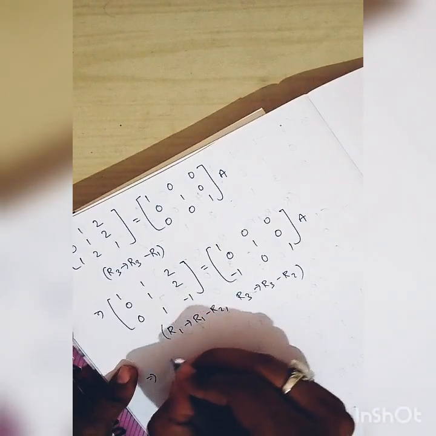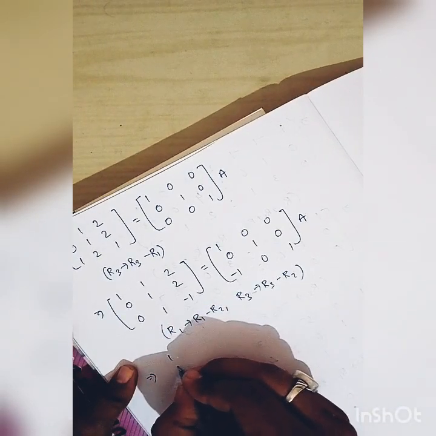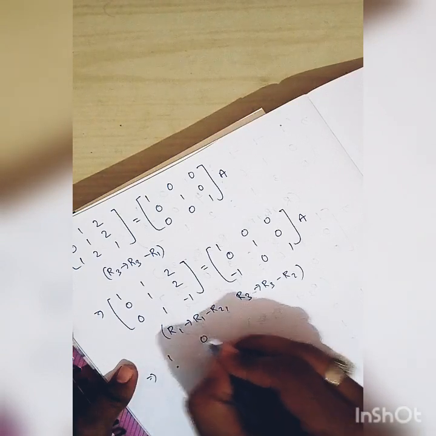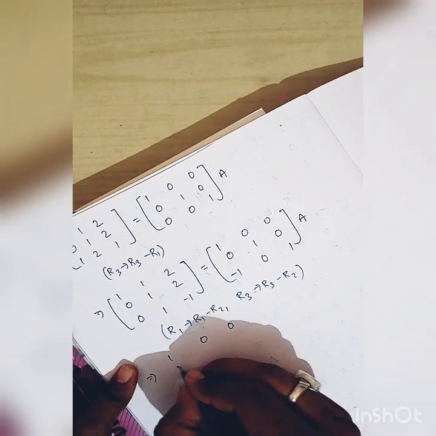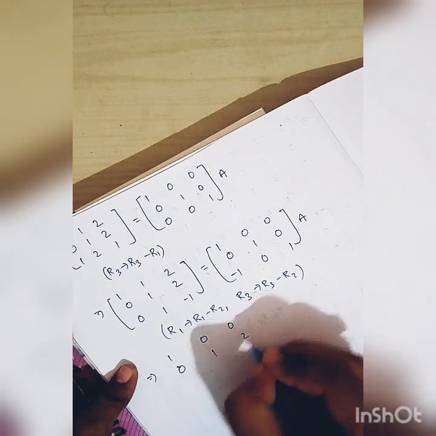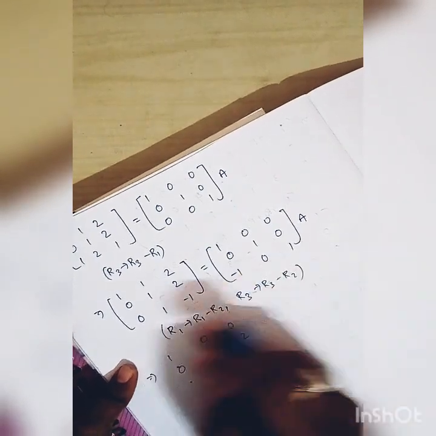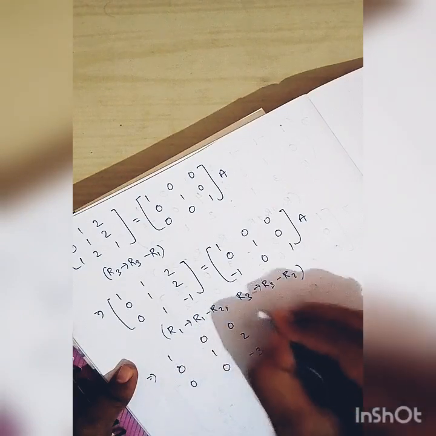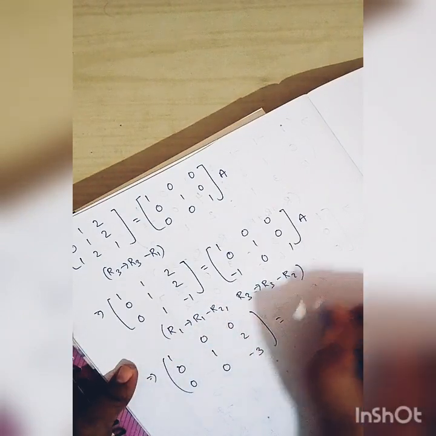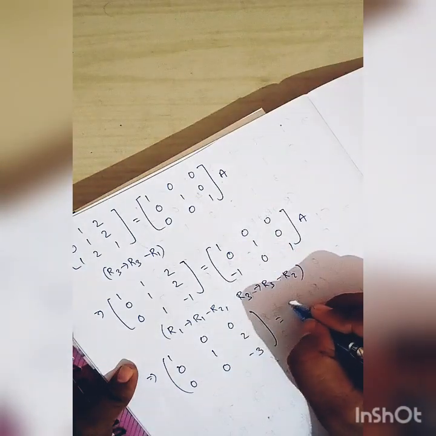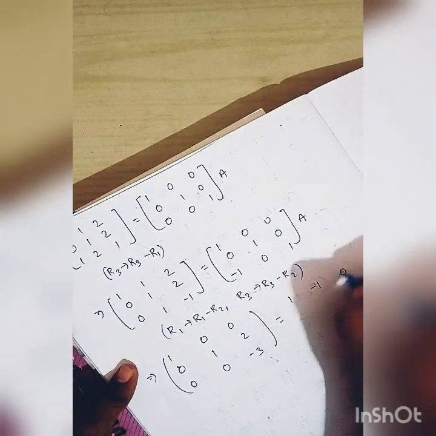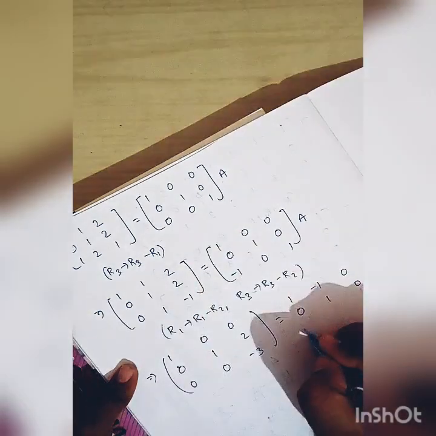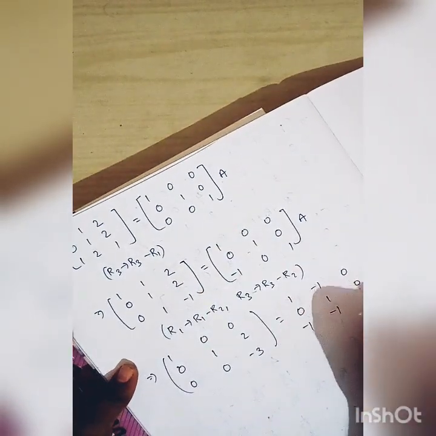So you can write it as 1 0 0, 0 1 2, and row 3 minus row 2: 0 minus 0 0, 1 minus 1 0, minus 1 minus 2 minus 3. On the right side, row 1 minus row 2, that is 1 minus 1 0, 0 1 0. Again row 3 minus row 2: minus 1 minus 0 minus 1, minus 1, it is 1.